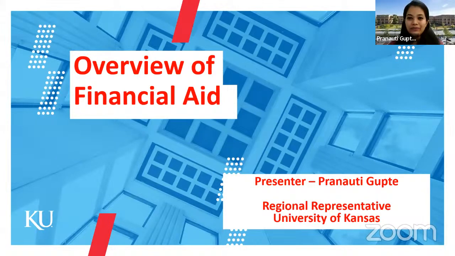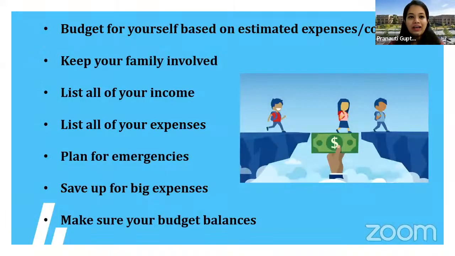I will try and give a few examples here to help you understand better how you can apply, and some tips and tricks at the end of my presentation, and then we can hand it over to our next presenters to talk in detail about what the profiles would look like.